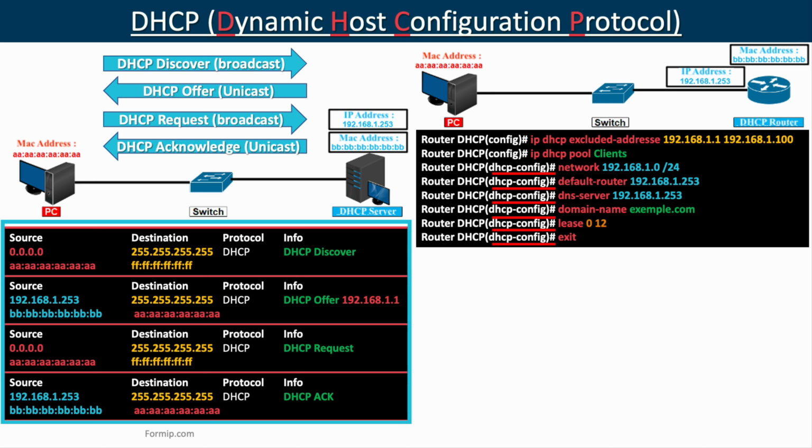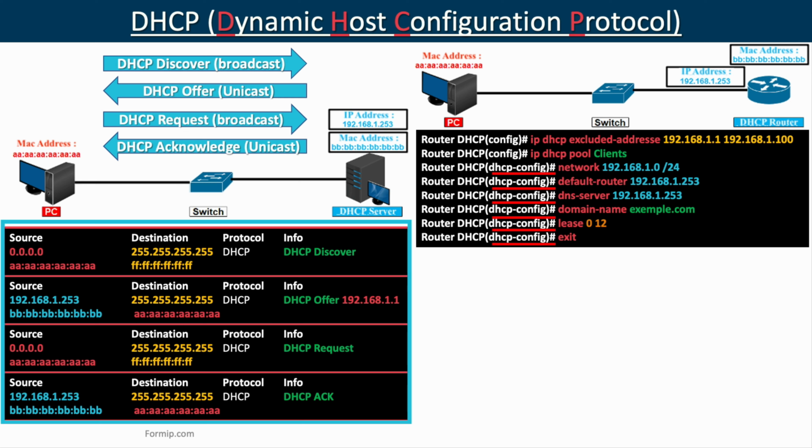The network command allows you to define the entire network of the pool. Here it is the 192.168.1.0/24 network. That is to say, addresses from .1 to .254, excluding those that have been excluded. The .0 is the network address, and the .255 is the broadcast address. The DHCP knows very well that it cannot touch these two addresses.